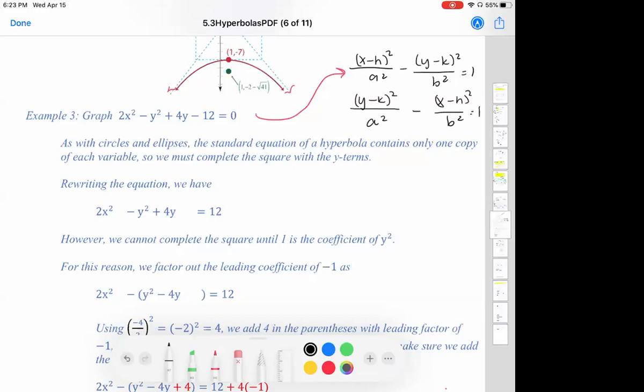How do we know what order it comes in? That minus will guide you because that minus needs to be in between. Now you see how that y squared has a minus? That negative that y squared has lets us know that the y is going to come second, because the negative is attached to the y.